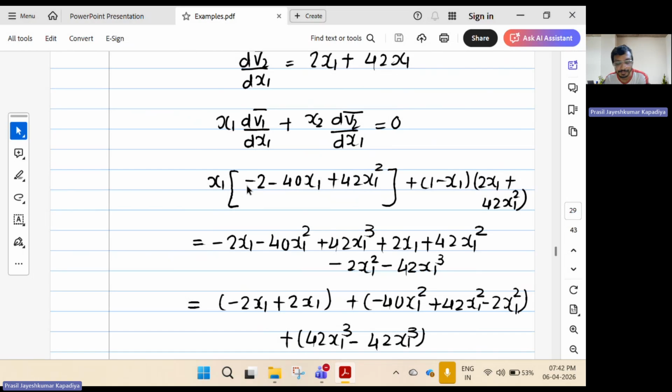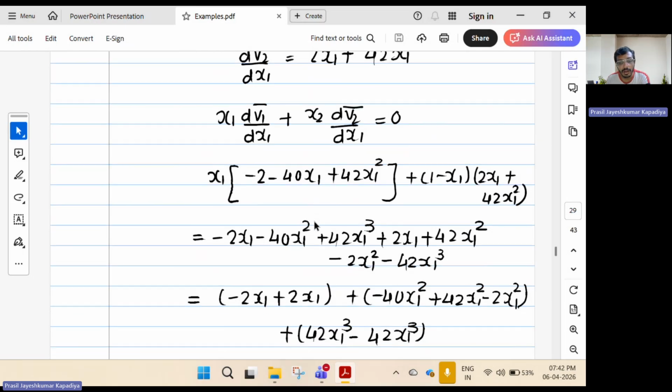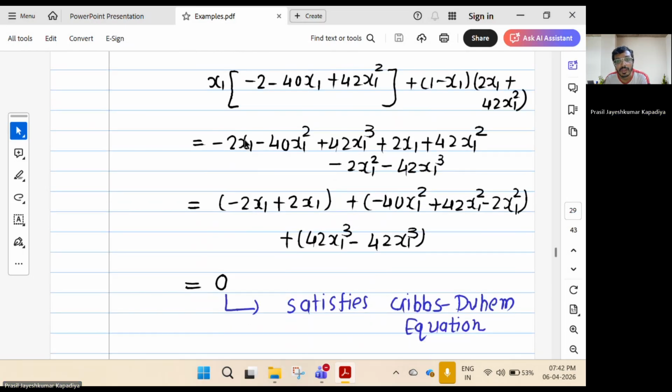If I find it, minus 2x1 minus 40 x1 square plus 42 x1 cube, plus 2x1 plus 42 x1 square minus 2x1 square minus 42 x1 cube. So if I combine, this cancels out. Minus 42 plus 42 cancels out, these two also cancel out, and this is 0. So that's why we say that it satisfies the Gibbs-Duhem equation.